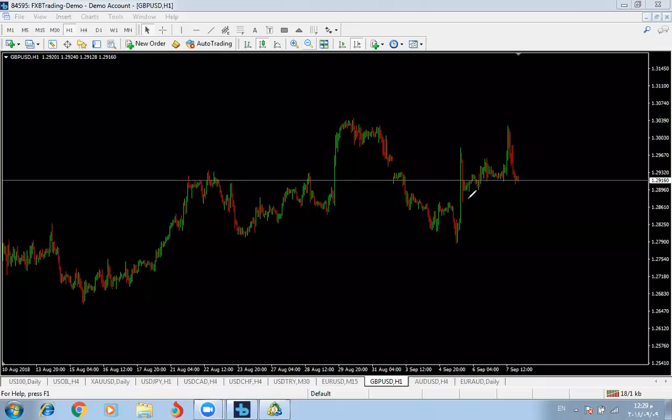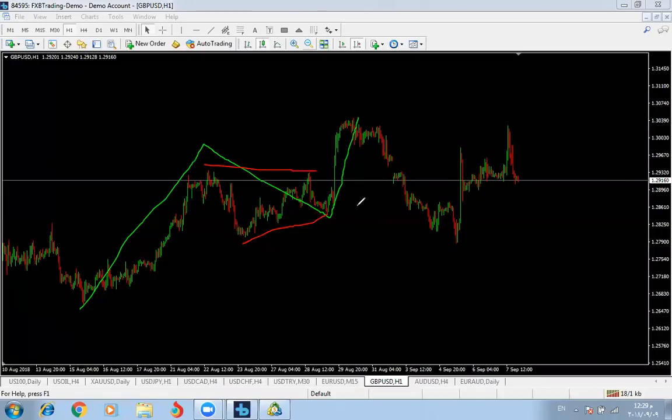So for those people who are long with me, they can take minimal profits and revert the position. Why? Because the whole structure, this is A, this is B, and this is C.